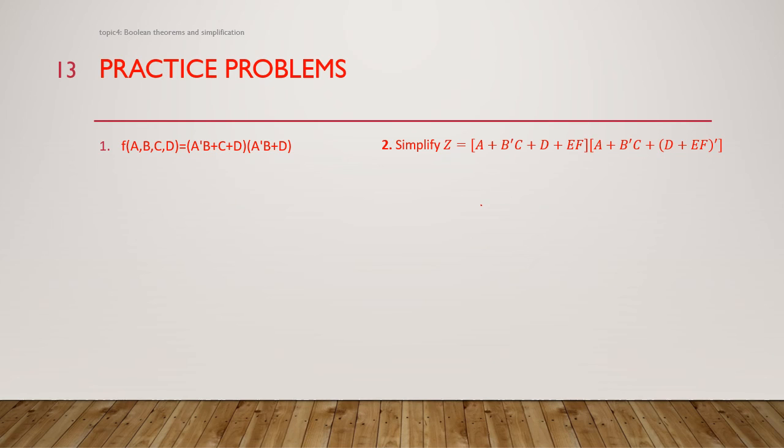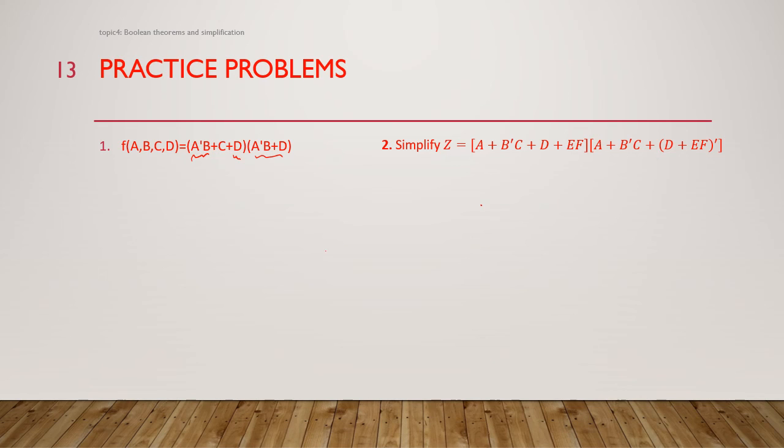So now let's see how we solve these two problems here. The first one, if we look at the right side, actually it's very easy to tell something here, right? We have this term a prime, b and b, and we have this term d, right?